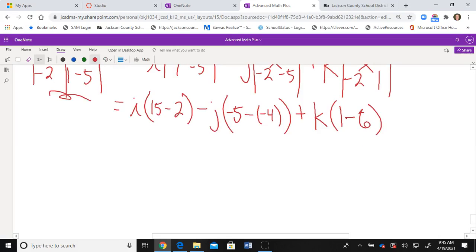And then you simplify that. So this will be vector 13. This is negative 1 inside here, but there's a negative out front. So a negative and a negative make a positive 1. And then 1 minus 6 is negative 5.